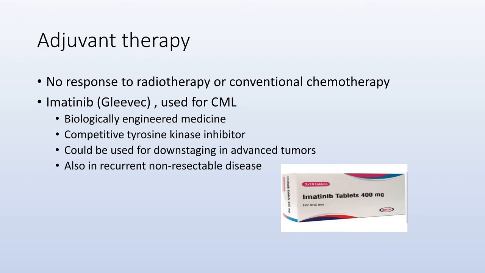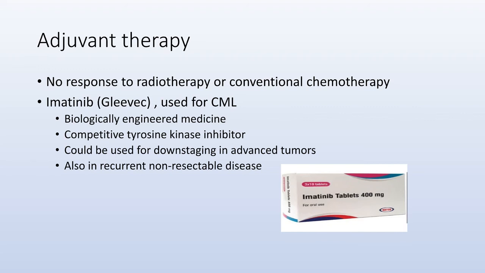What they do is go to the tyrosine kinase receptor, as we mentioned earlier, which is the source of the signal of growth and mitosis in these cancers, and they block the tyrosine kinase receptor to stop the growth factors from prompting the cell to divide. There are other applications for it.